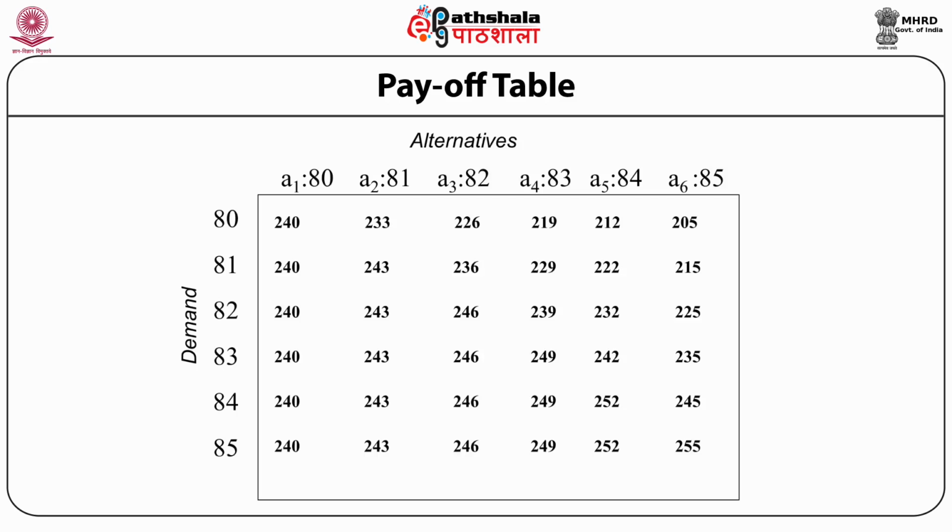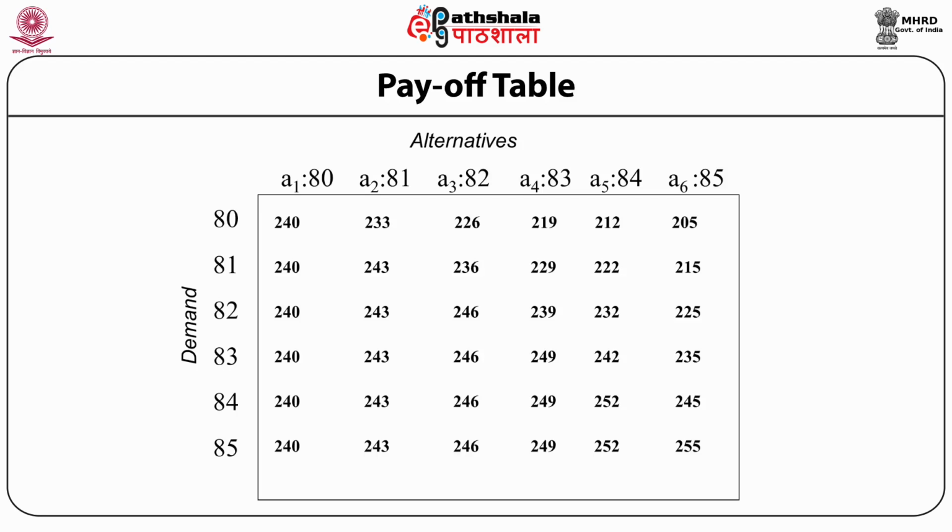So in this slide you can see that we have the different demands 80, 81, 82, 83, 84, 85, which are the possible outcomes, and same time we have different alternatives A1, A2, A3, A4, A5 and A6. Alternative A1 means the retailer has given an order for 80 packets. Alternative A2 means retailer has placed an order for the 81 packets, and likewise.